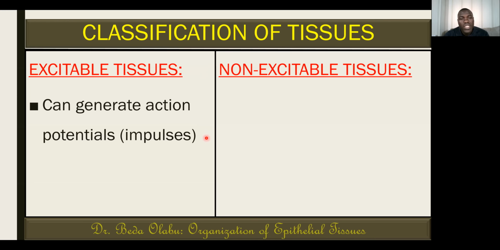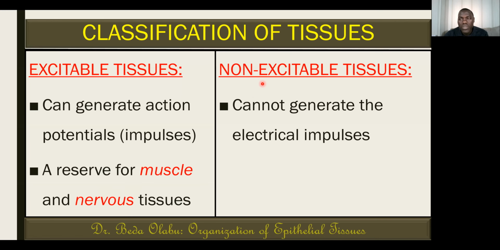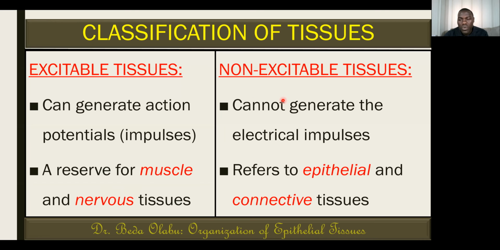Now, the tissues which can generate electrical impulses are muscle tissue and nervous tissues. Therefore, those ones are called excitable tissues. The tissues which cannot generate electrical impulses are therefore termed non-excitable tissues, and these belong to epithelial tissues and connective tissues.